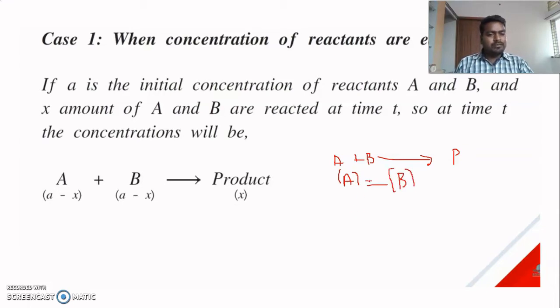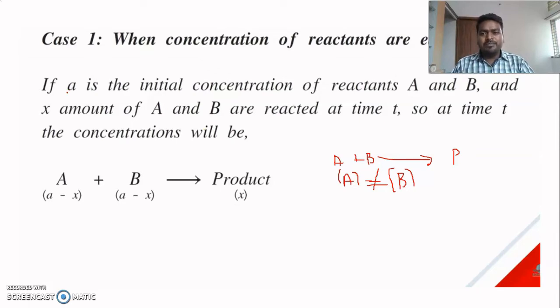Sometimes the concentration of A is not equal to B, and at that moment the integrated rate expression is different. So there are 2 cases: one with the same initial concentration of the reactants, and one with different initial concentrations. Let us consider the first case, in which the concentrations of the reactants are equal.